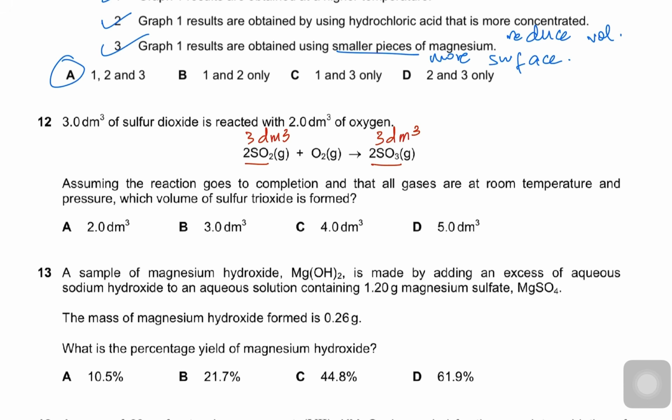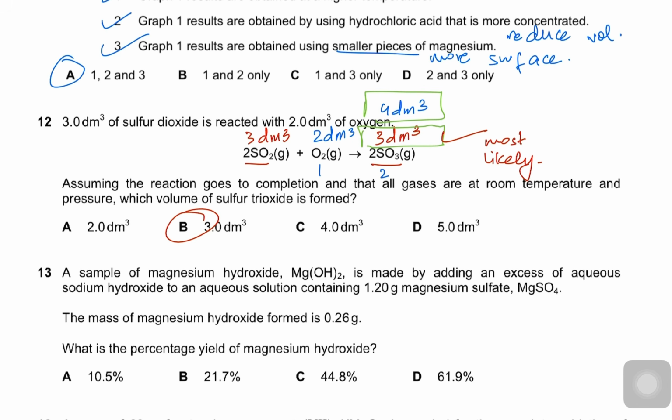When you notice oxygen, 1 makes 2. So 2 decimeter cube will try to make 4 decimeter cube of trioxide. If you have to choose between 4 decimeter cube and 3 decimeter cube, obviously 3 decimeter cube is most likely because product depends on the limiting reactant. So your answer should be 3 decimeter cube of sulfur trioxide.